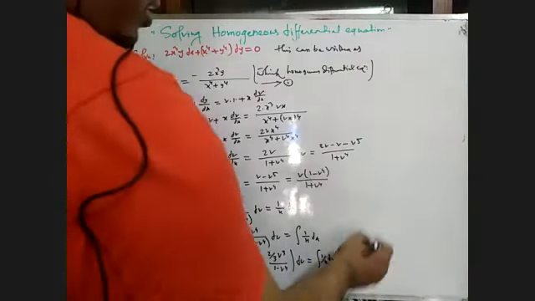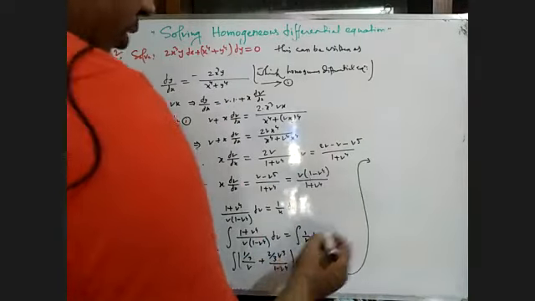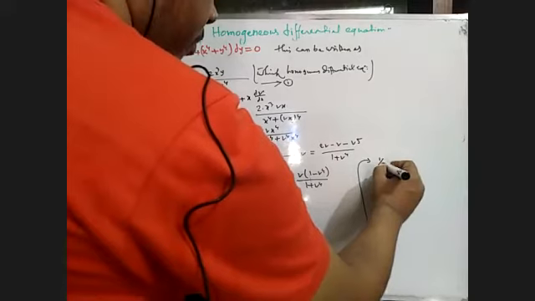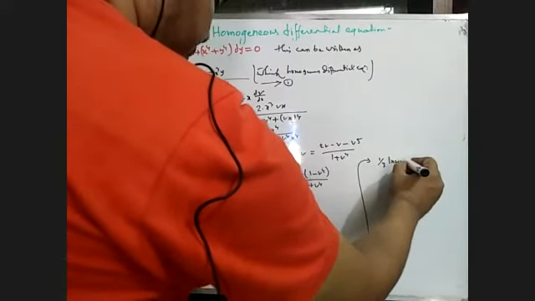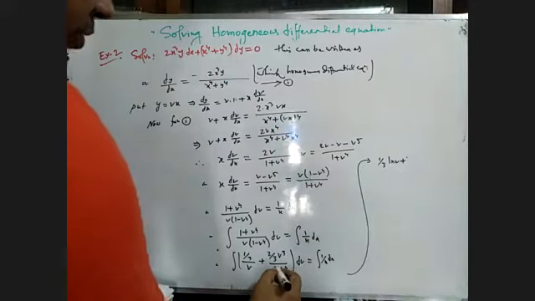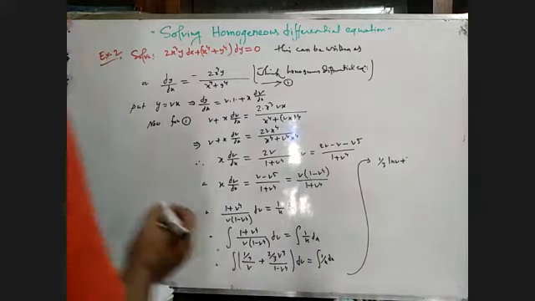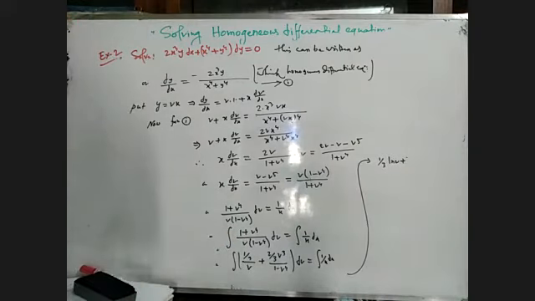Now we can easily integrate this. 1 by b integration with respect to b is ln b, and this is the differentiation of the new denominator, which will be minus 4b cube.